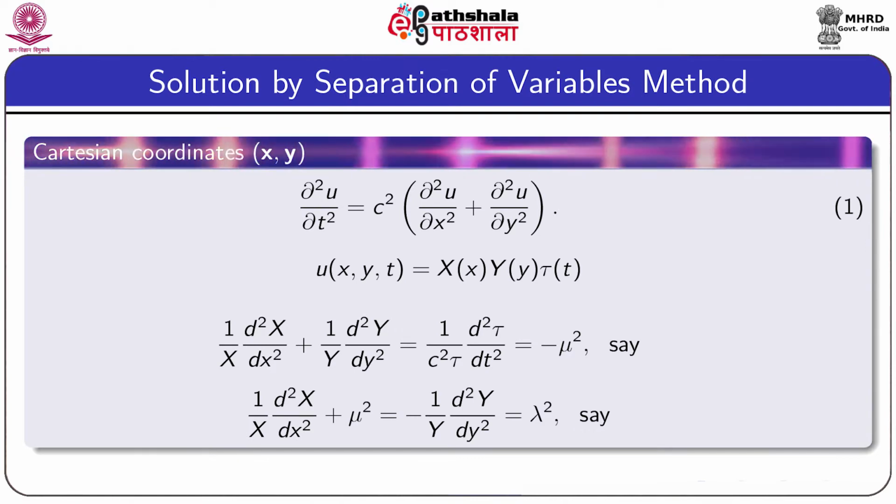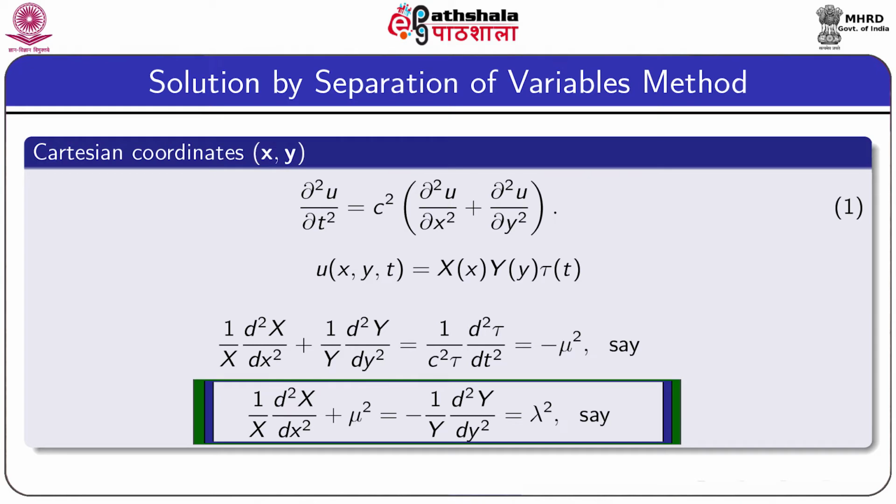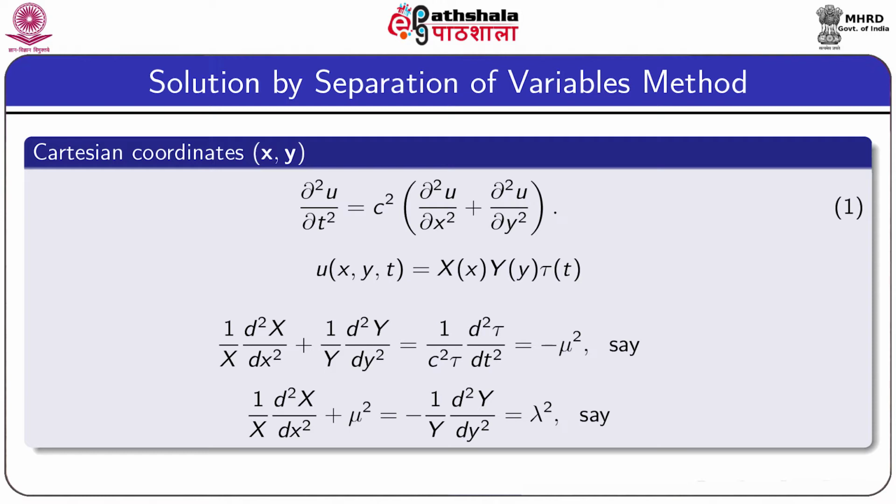Now, we separate the functions capital X and capital Y in the last line: (1/X) d²X/dx² + μ² = −(1/Y) d²Y/dy² = λ², say, where λ² is another separating constant.